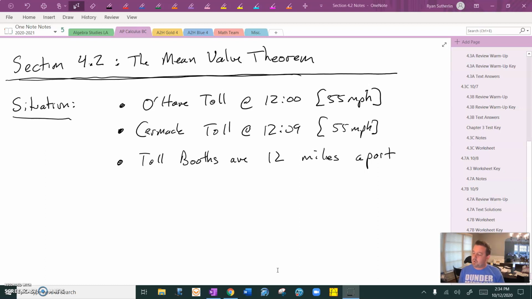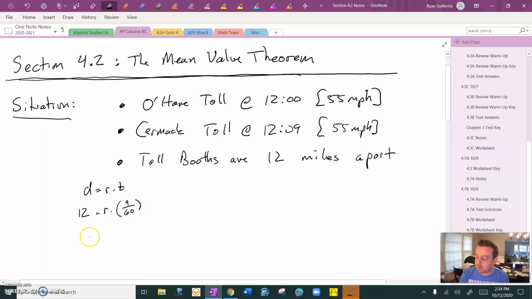Because if you were going between those two toll booths, which are 12 miles apart, and it took you 9 minutes to get there, if we think of just the old equation from Algebra 1, distance equals rate times time, and you know the distance is 12 miles, and the time is 9/60ths of an hour, you're going to get 80 miles per hour as your average speed over that time.